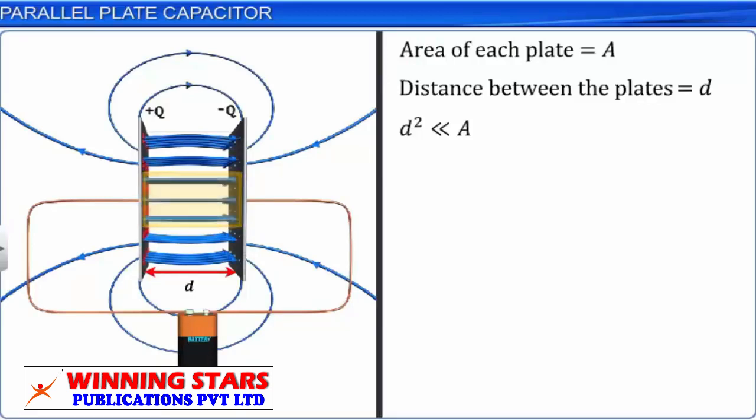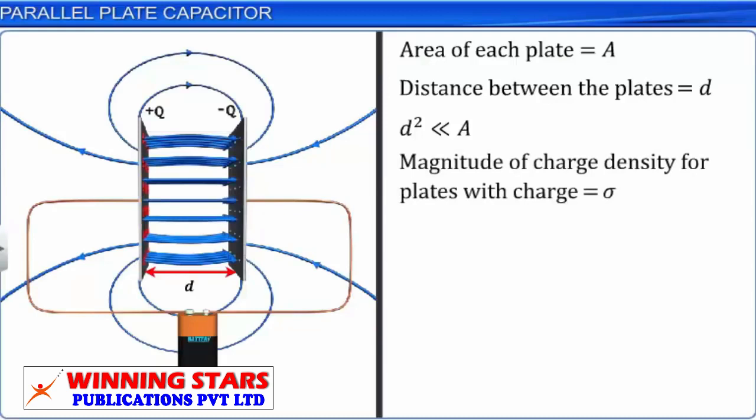Let the magnitude of the charge density be sigma for the plates with a charge Q on them. Then sigma is equal to Q by A. Let this be equation 1. Let us assume the region on the left side of the capacitor as region 1, the region between the plates as region 2, and the region to the right side as region 3.